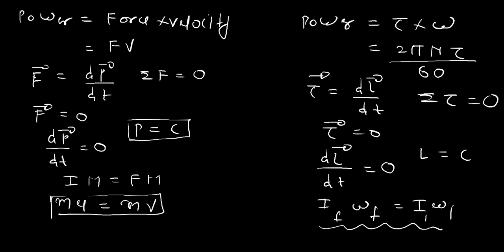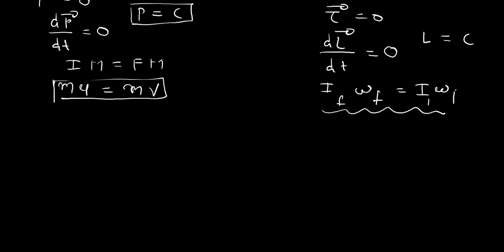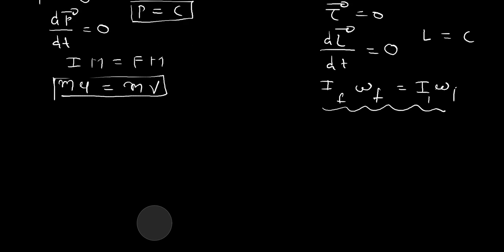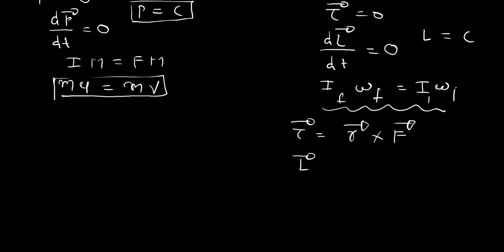And lastly, I want to tell you how to calculate torque and angular momentum. There is also a similarity between torque and angular momentum. Torque is calculated as the cross product of the position vector and force. And angular momentum is also the cross product of R and linear momentum, and both are directed as per the right hand rule.